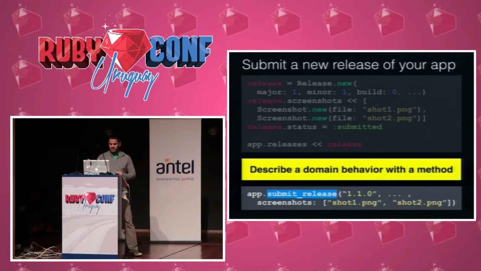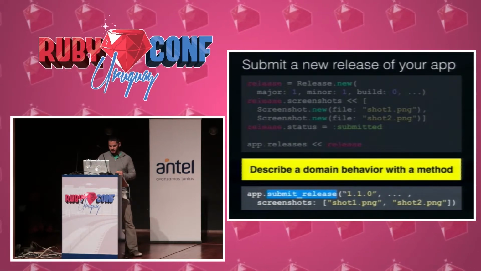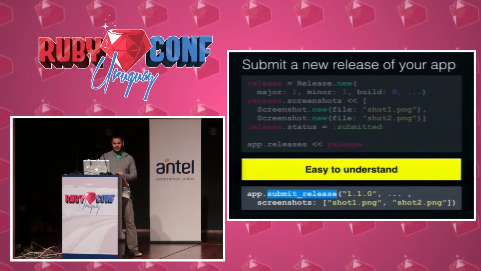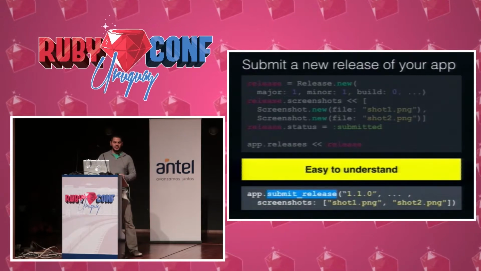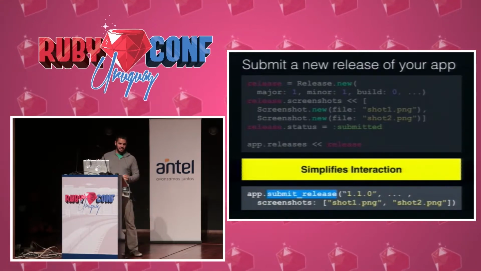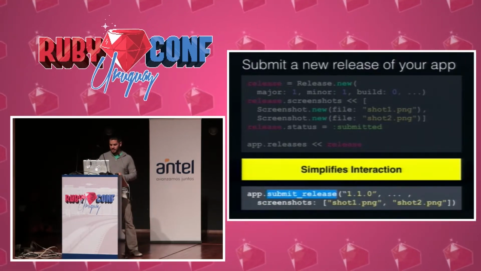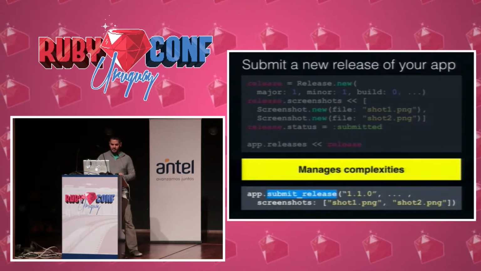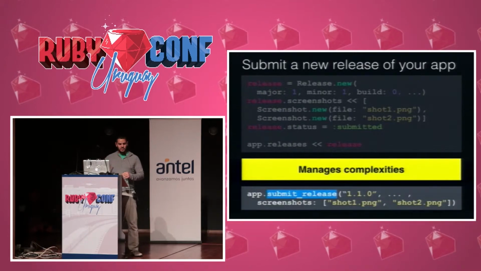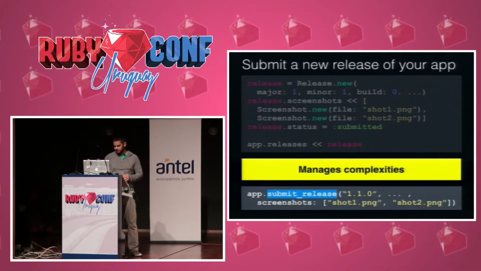So we're describing a domain behavior with this method, but we're also making it easier to understand at first glance. It simplifies interaction for other developers that need to interact with this domain object. And it manages complexities of how you build all the different objects together.